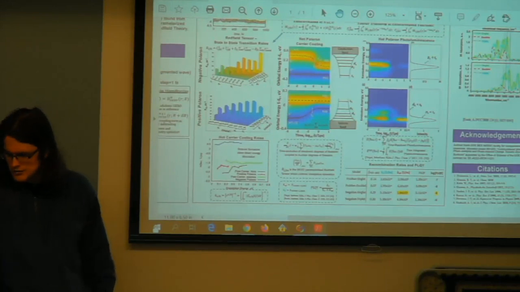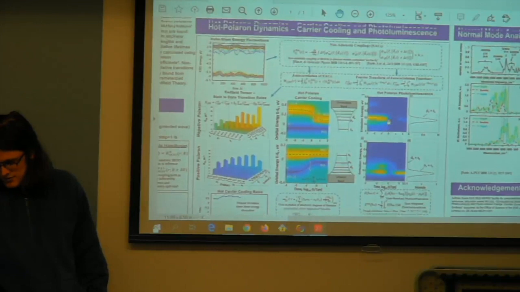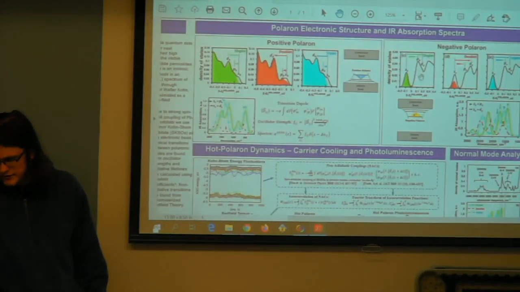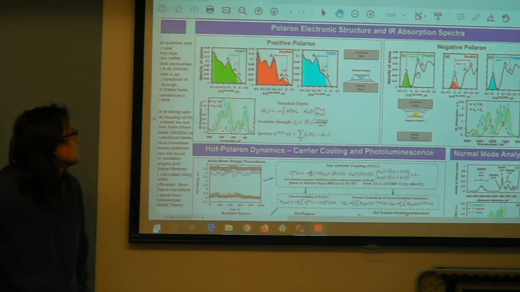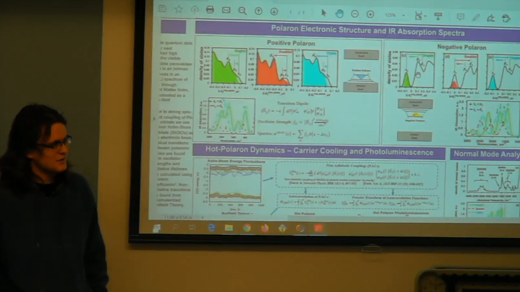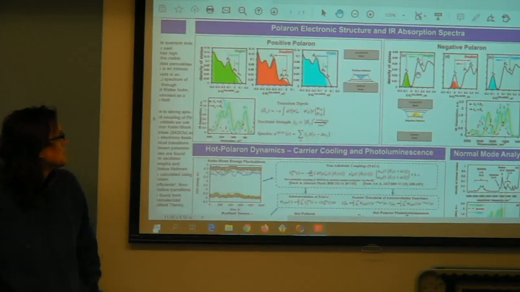I did one calculation comparing the negative polaron using a hybrid functional, and I was going to put that on here because last year I got an aggressive reviewer asking why I didn't put any hybrid functional calculations, but I was looking at those today.